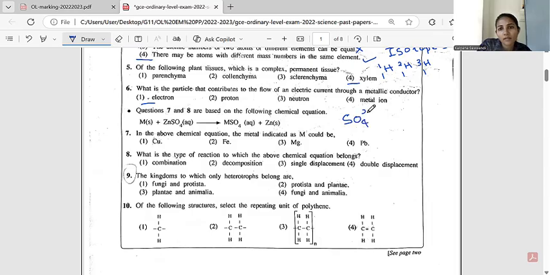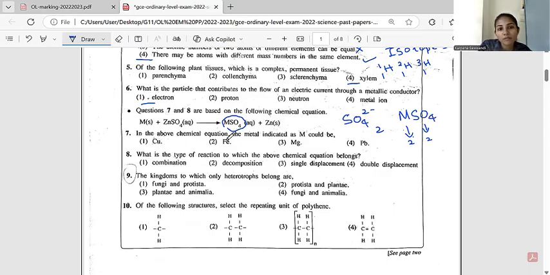Sulfate, its valence is 2. Then after forming MSO4, there's no valency shown. MSO4 means sulfate valency is 2 and the valency of M also should be 2. That's why this doesn't show any number. So we identified the valency of M is 2.